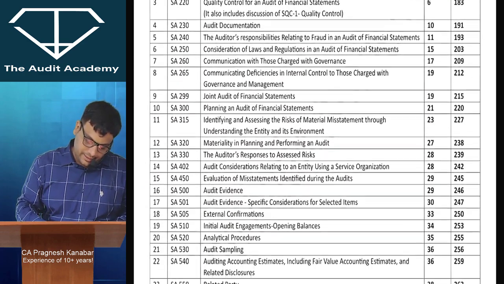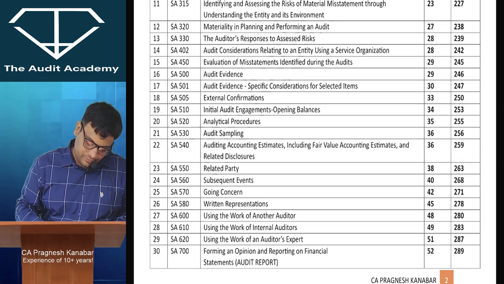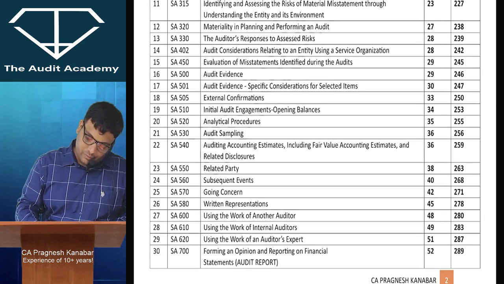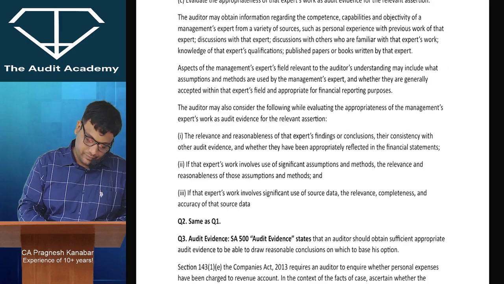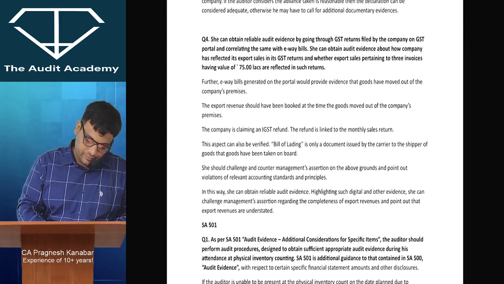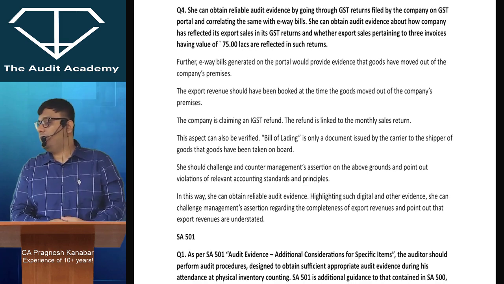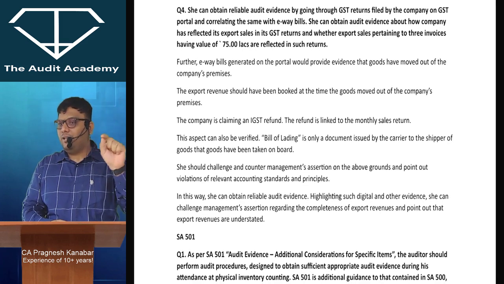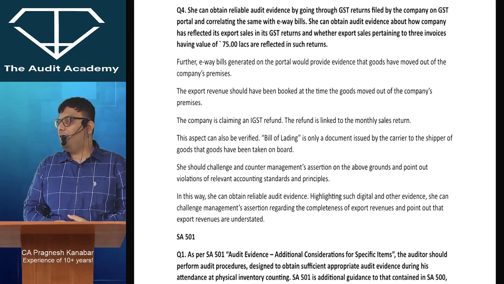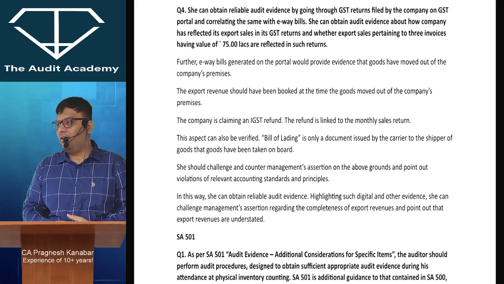When we look at the answer, page number 246. Question number 4. Please come to page number 246. Please keep this habit: besides the question number, write the page number of the answer, so that in your self-study mode it will not take a lot of time.